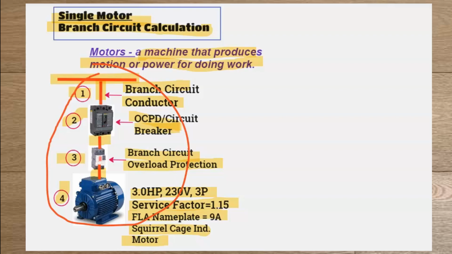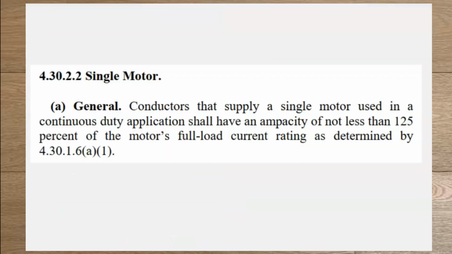Okay, so merong sinabi yung code, basahin natin. Ang sabi sa PEC 4.30.2.2 per single motor, ang sabi dyan, so conductors that supply a single motor used in a continuous duty application shall have an ampacity of not less than 125% of the motor's full load current, rating as determined by 4.30.1.6.